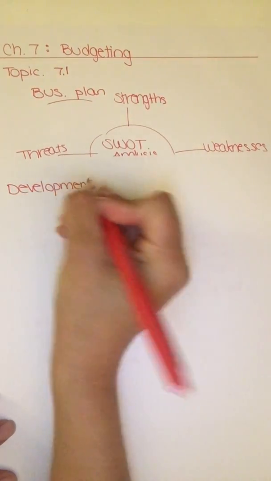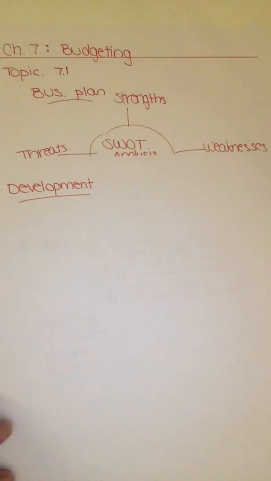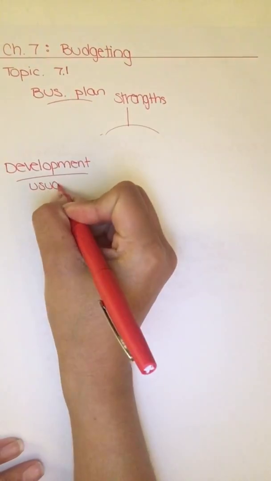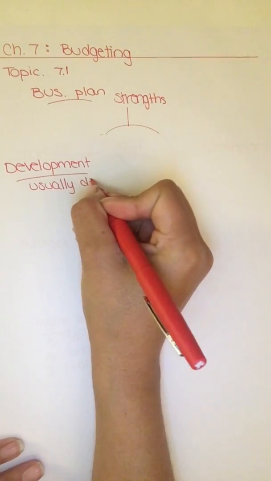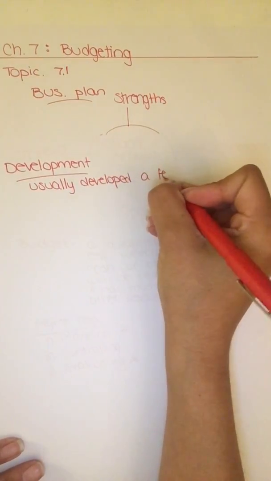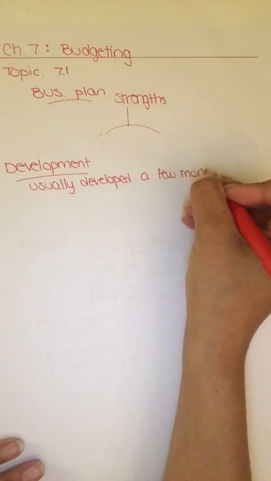A lot of your large companies will have an entire department associated and devoted to just developing the budget, monitoring the budget, evaluating the budget, right? For your large companies, that's what they'll have. So when do we develop it? It's usually developed a few months before the start of the new year.